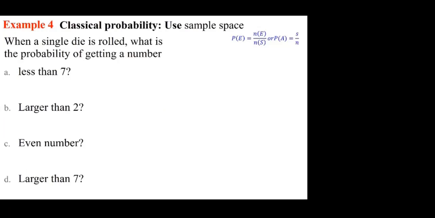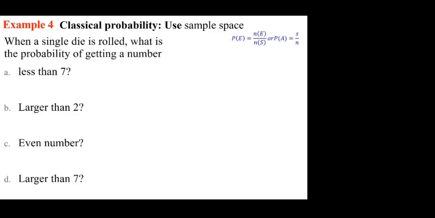When a single die is rolled, what is the probability of getting a number less than 7? Simply put, if you call the event E, the probability of E is n of E over n of S. If you call it A, the probability of A is n of A over n of S. The denominator is the sample space.